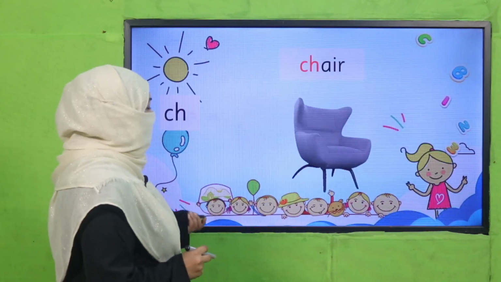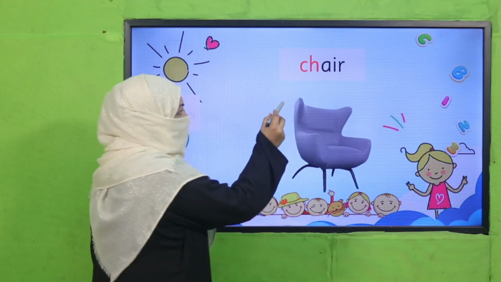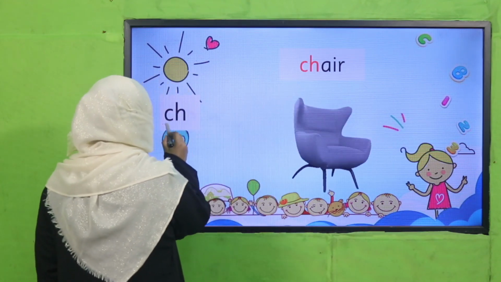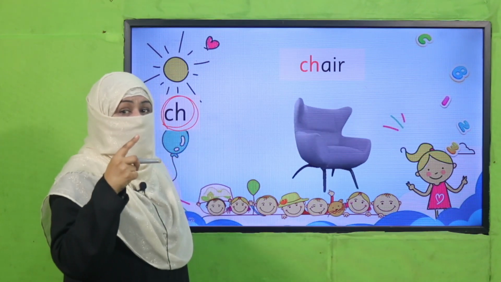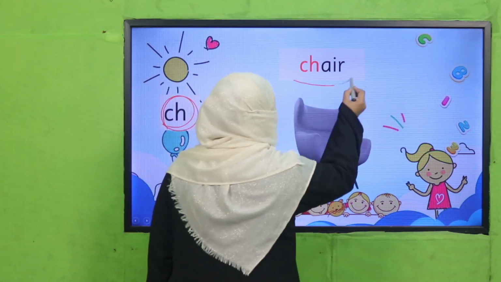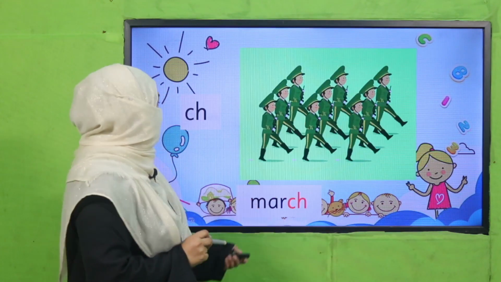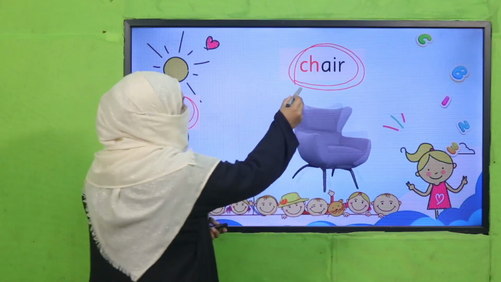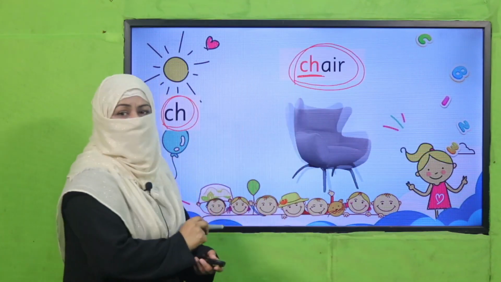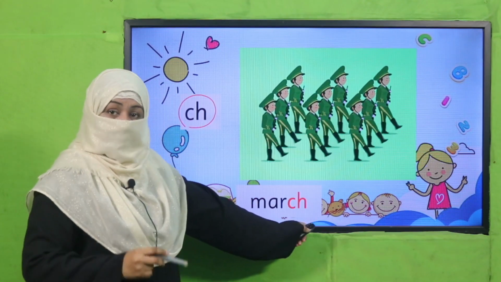So let's practice it in words. Now, when you look at this word and you find CH together, it's a digraph. Recall its sound, that's ch. So how will we read it? Chair. Now, again, this digraph is at the beginning, at the initial position, right? It can be at the end of a word.